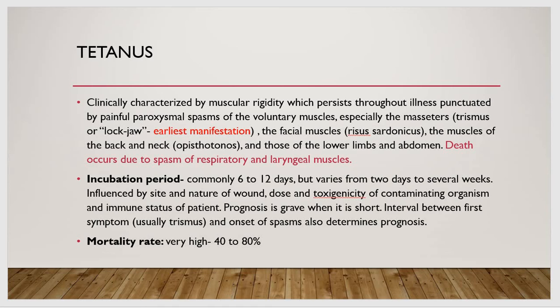The interval between the first symptom, which is usually trismus, as I've told you that it is the earliest manifestation, and the onset of spasms also determines the prognosis of the case. Then mortality is very high. I told you 40 to 80%.